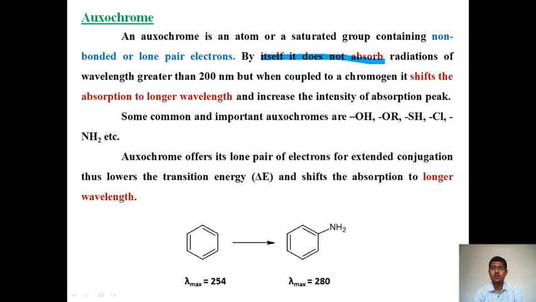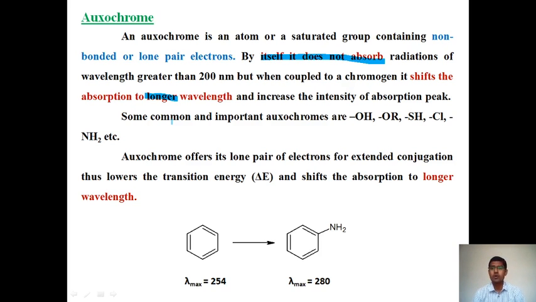But when this auxochrome is coupled with a chromophore, that means when it is attached to a molecule which contains a chromophore, it shifts the absorption towards longer wavelength and increases the intensity of absorption. That means the auxochrome itself doesn't absorb radiation, but when it is attached to a chromophore, it shifts the absorption towards longer wavelength and also increases the intensity of the absorption peak.